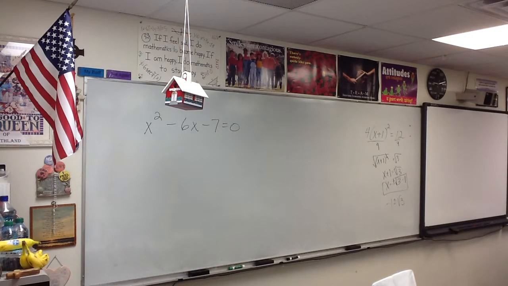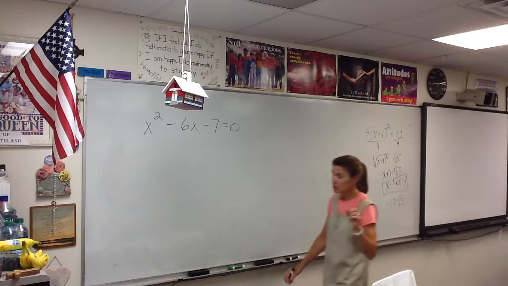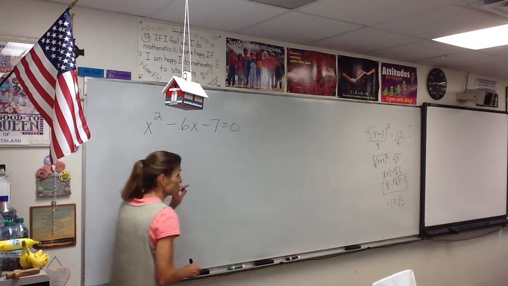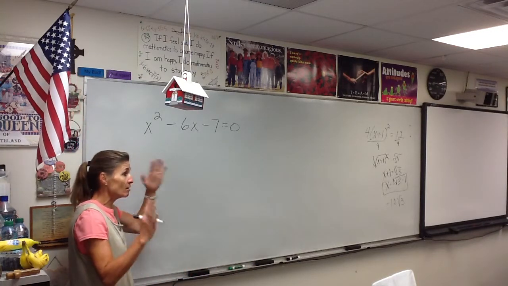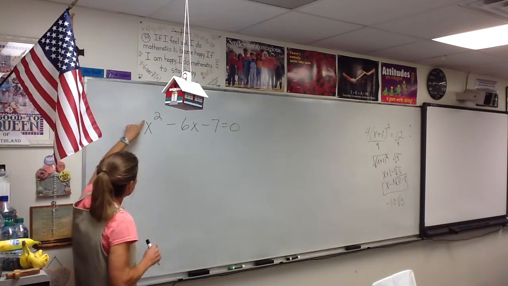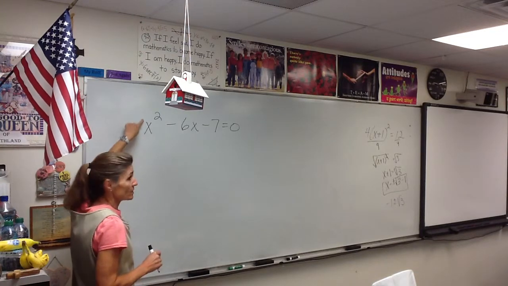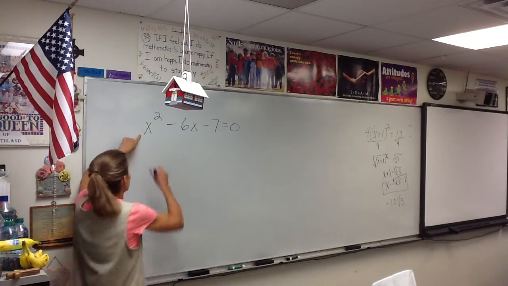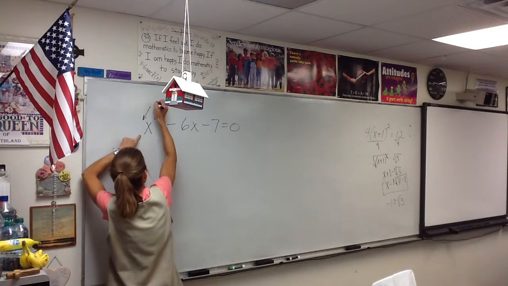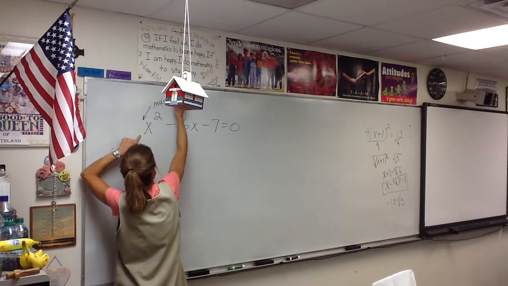Before we can complete the square, there are a couple of things that have to happen in the equation before you get started. The first thing, and I need you to pay attention to this because it's not an issue in this problem, but I still have to pay attention to it. Whatever this coefficient is right here, this coefficient must be 1.